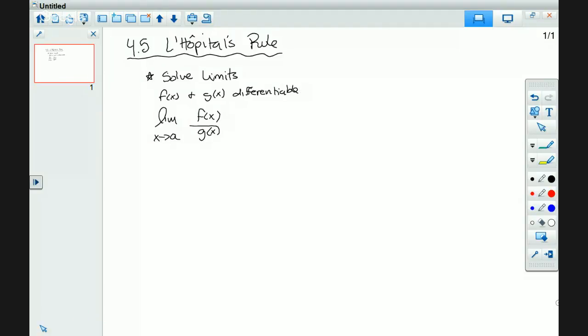You have to, here's the condition. That has to be first. F and G have to be differentiable.